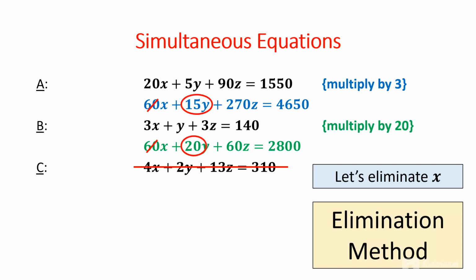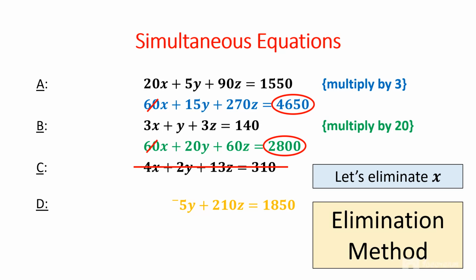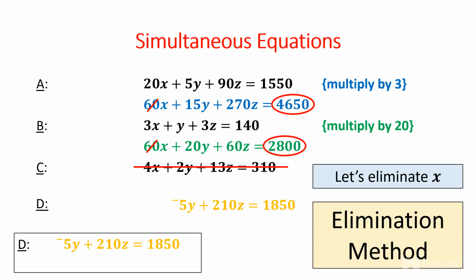Now, 15y take away 20y leaves us with negative 5y. 270z take away 60z, that's plus 210z, and 4,650 take away 2,800 leaves us with 1,850. Now I'm going to call this equation D, and I'm going to pop it down in this box to be used later on.